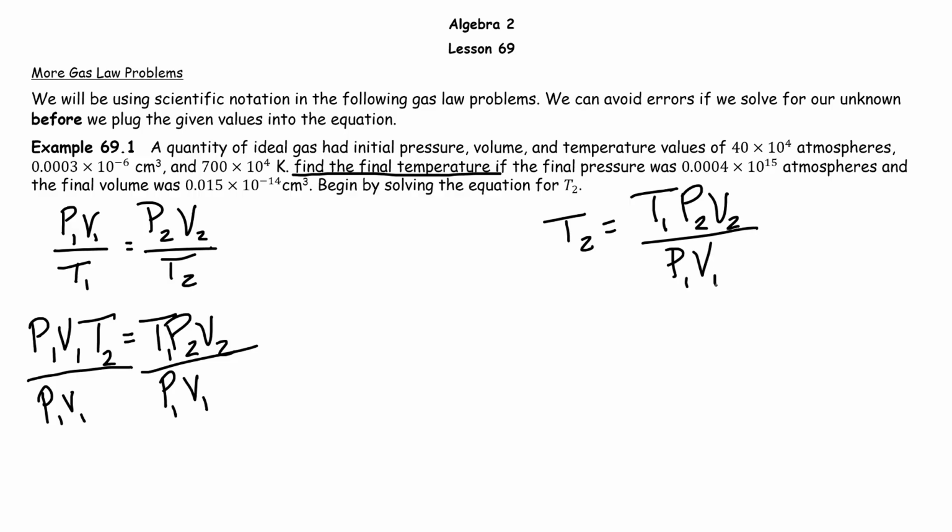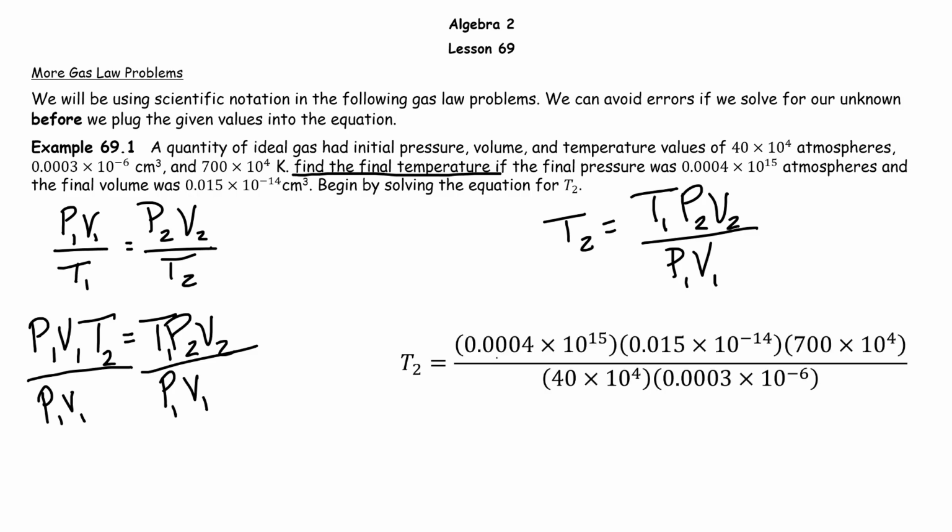And now I just need to plug in the values that they gave me. 0.0004 times 10 to the 15th, that is here, and that is the final pressure. So that's the P2 right there. And then 0.015 times 10 to the negative 14, that is here. That's my final volume, so V2.